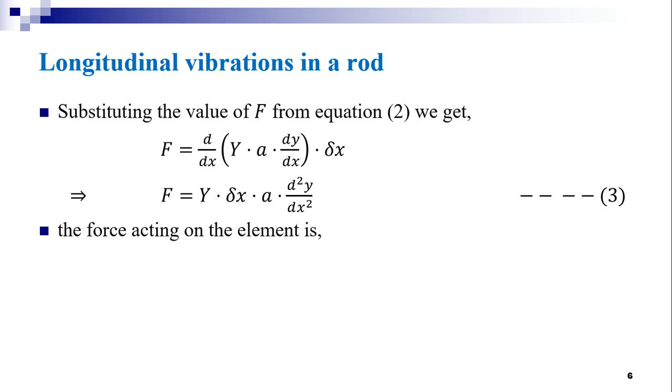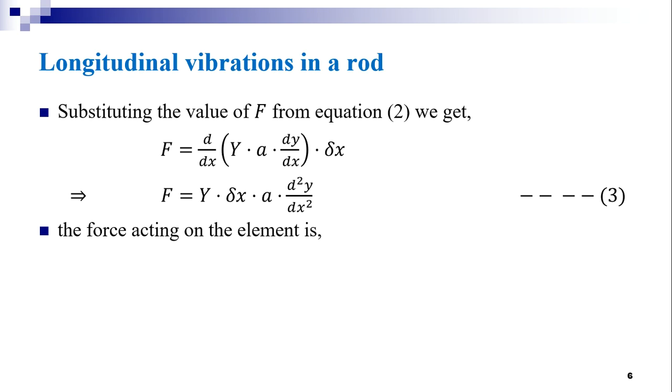Here m represents the mass of the element, which is a product of density and volume enclosed between the two planes, and we have represented alpha as the acceleration. Instead of A, we have denoted alpha as the acceleration, since we have taken the area of cross section as A. In order to reduce the confusion, acceleration is denoted as alpha.